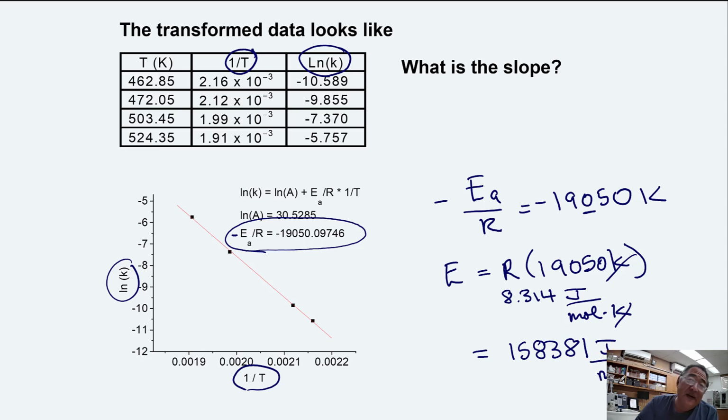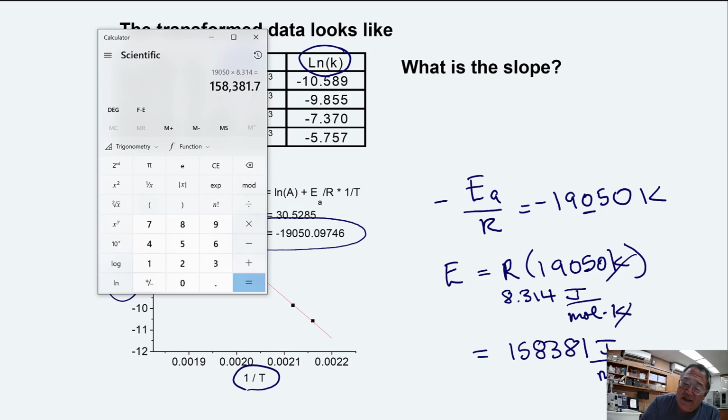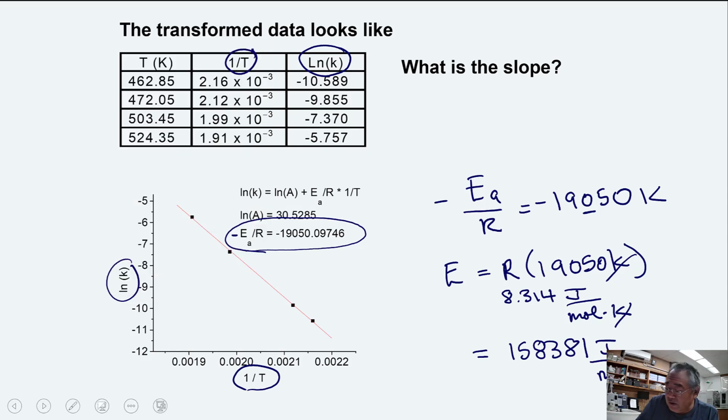Now, typically these values, it looks like a huge number, right? Typically these values are done in kilojoules, so that ends up being 158, 3 significant figures in this case, kilojoules per mole, like that. So anyways, once you get the slope, then the rest of it's not too bad. You just multiply by R and then convert it to kilojoules usually.